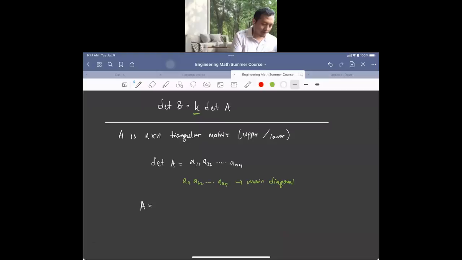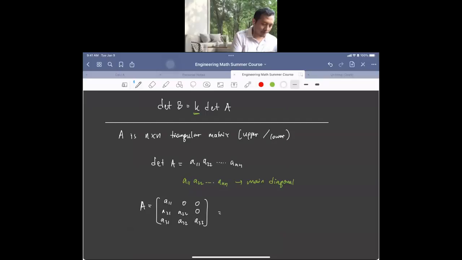Okay, if we have a 3 by 3, let's say we have triangular at the lower part. Let's say we have this.